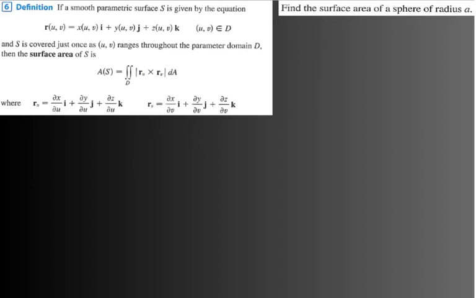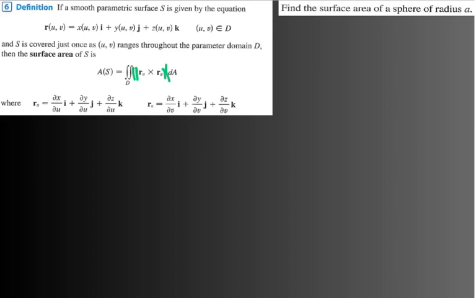The book uses the single bar. I like the double bar. But it's just the magnitude of the cross product of R with respect to U crossed with R with respect to V. So you just take R with respect to U: x with U, y with U, z with U, and then x with V, y with V, z with V.